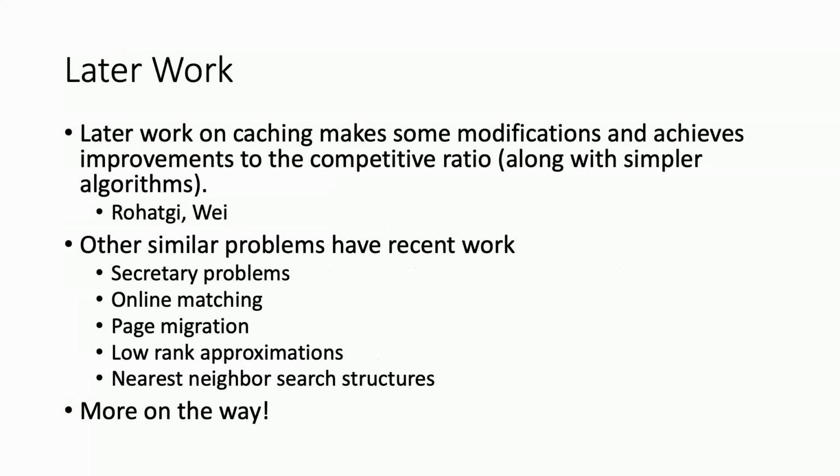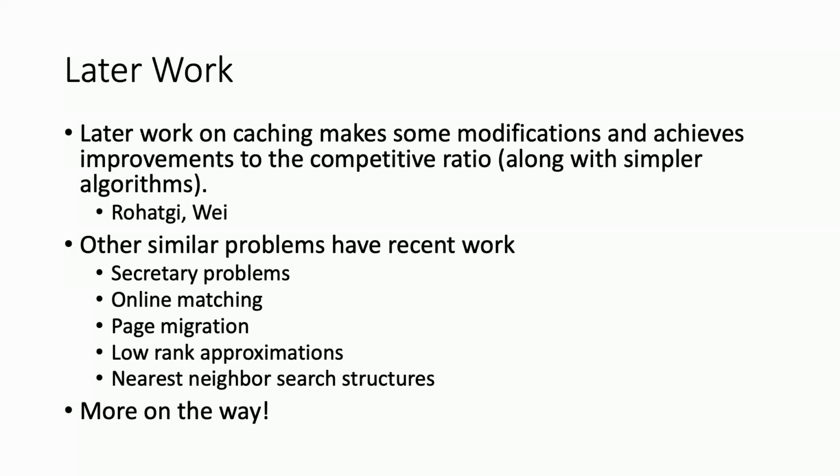There's been a bunch of later work on this under caching, but also, I spent the last few years being put on machine learning committees like ICML and NeurIPS. And I read a bunch of these papers. There are tons of papers coming out about revisiting online algorithms under this scenario. So, pick your favorite online algorithm.